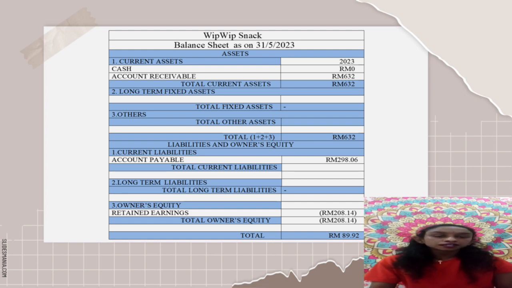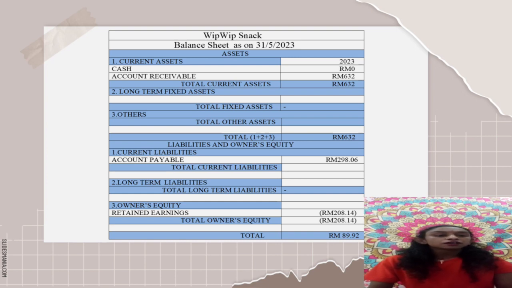Next, the second one will be long term fixed assets, followed by total fixed assets. Next, the third one will be others, then the total other assets, and then total current assets plus total long term fixed assets plus others will be the liabilities and owners' equity.